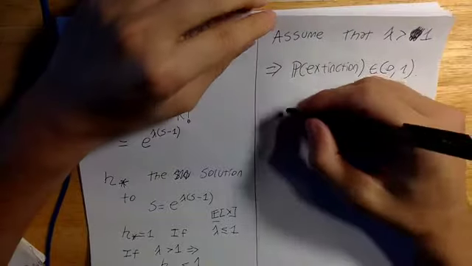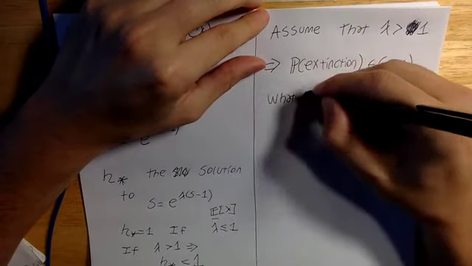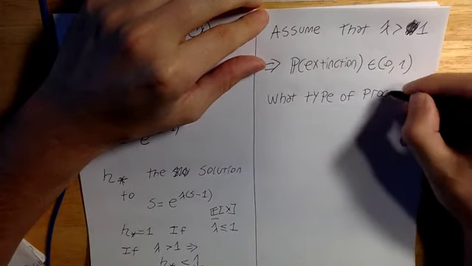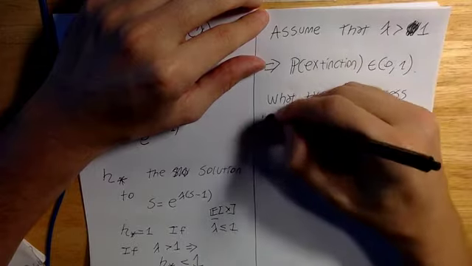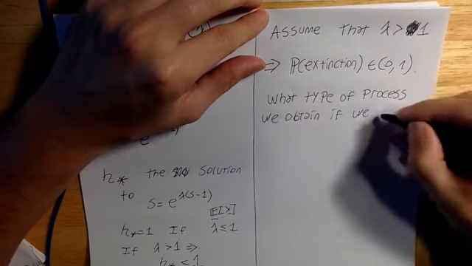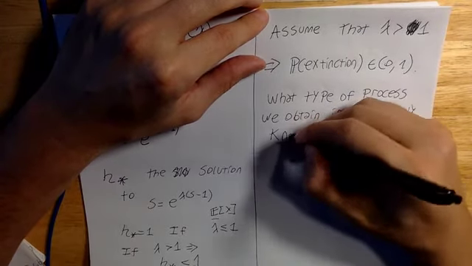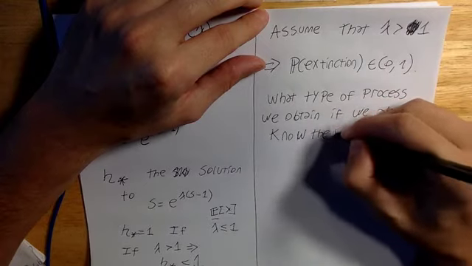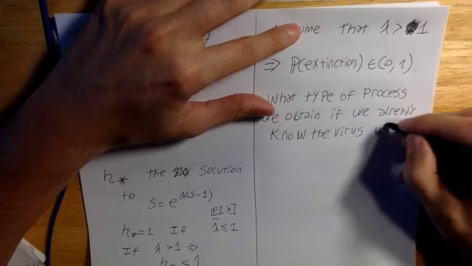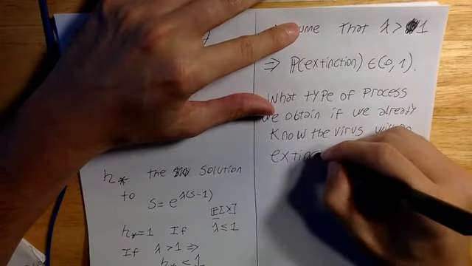So we can start thinking about what type of process we obtain if we already know the virus will go extinct.